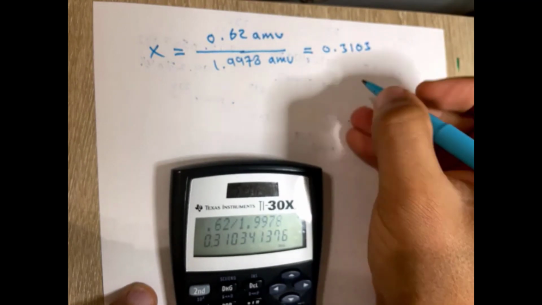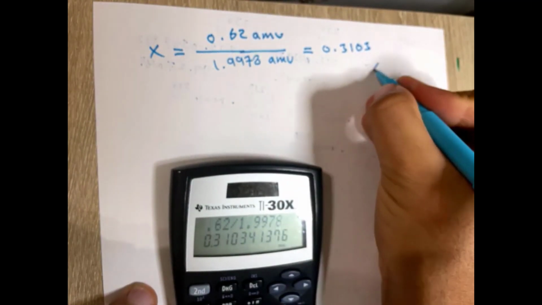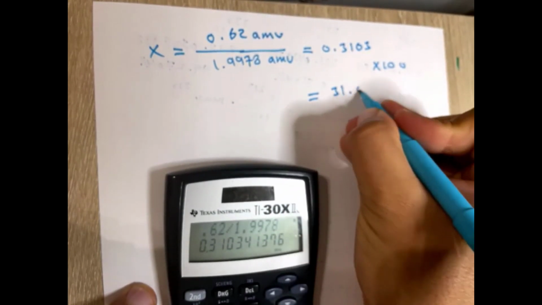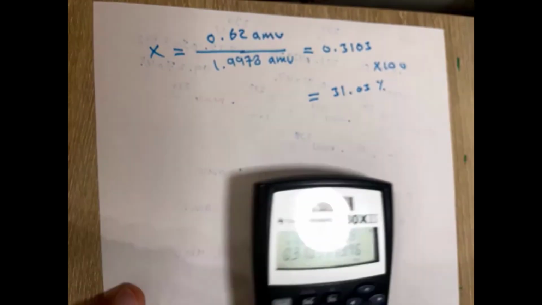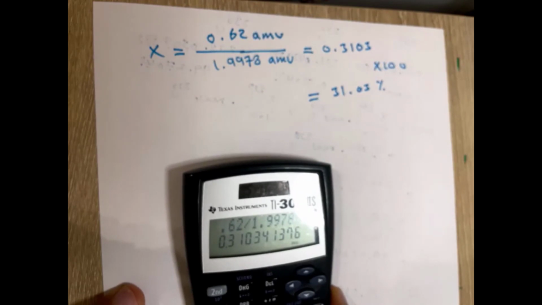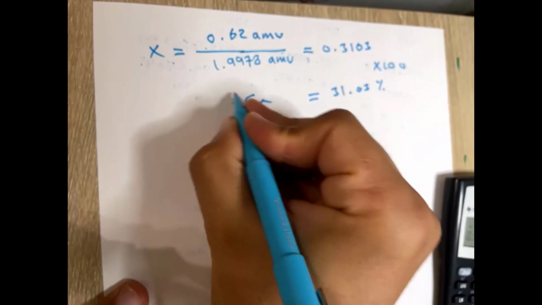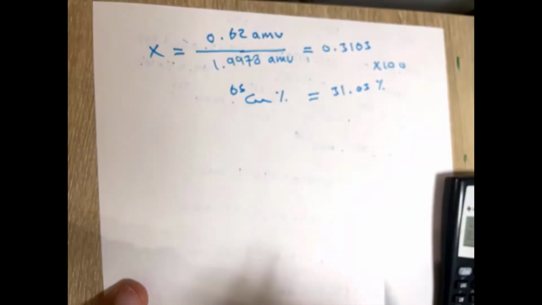Or if you want to express it in percent form, you multiply times 100, and it's going to equal 31.03%. This here, based on our initial assumption, is the abundance of the 65 copper isotope.